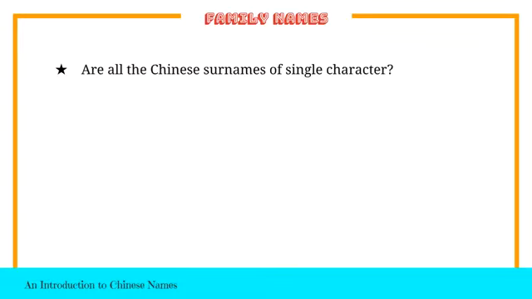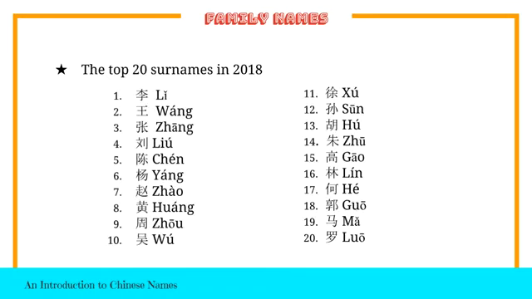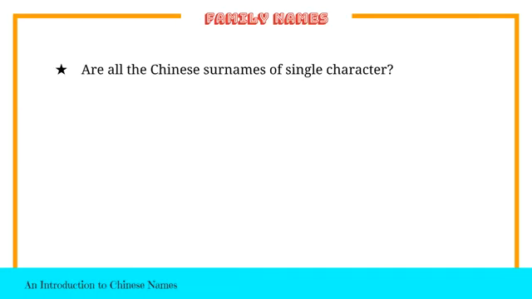Look, we just saw all the top 20 surnames in 2018, and all of them are single characters. But is that always the case? Are all Chinese surnames single characters? No, that's not the case.